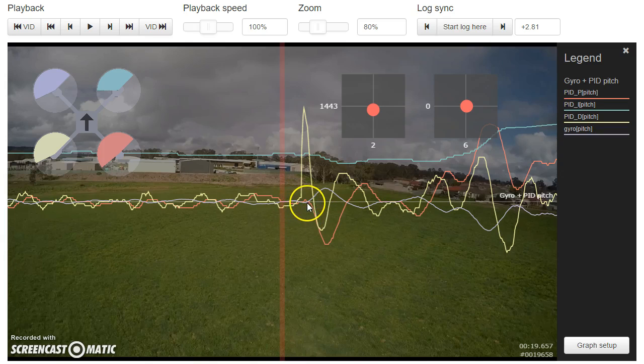Yeah, that's interesting, because we see the P term go negative here, and usually the D term leads the P term. So it is very strange to see the D term spike like that without the P term spiking. D term is supposed to represent change in the P term, basically the derivative of the P term. So it doesn't seem like the D term should be able to move without the P term also moving.